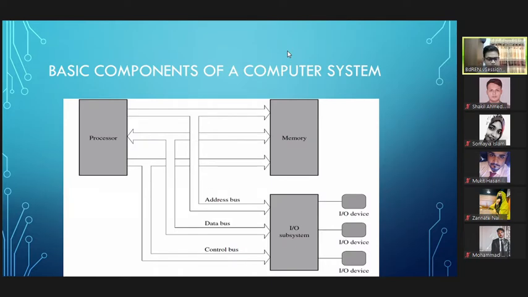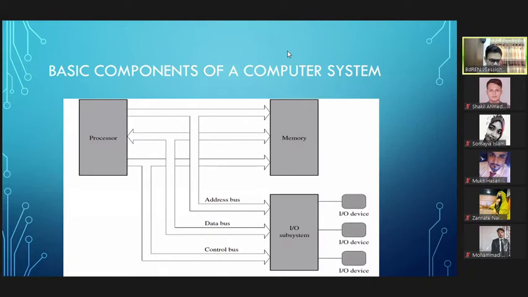That is the responsibility of the address bus. The interesting thing is that the width of the address bus represents the maximum size of the memory. Let me tell you again. The width of the address bus represents the total maximum size of the memory of your system.